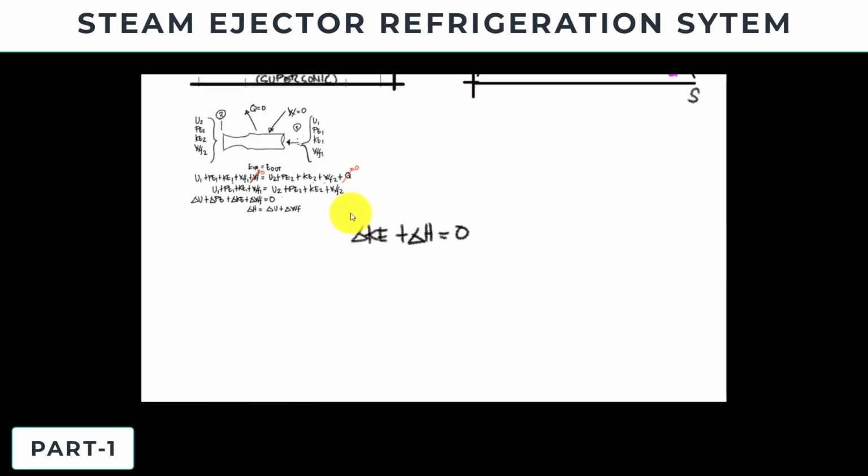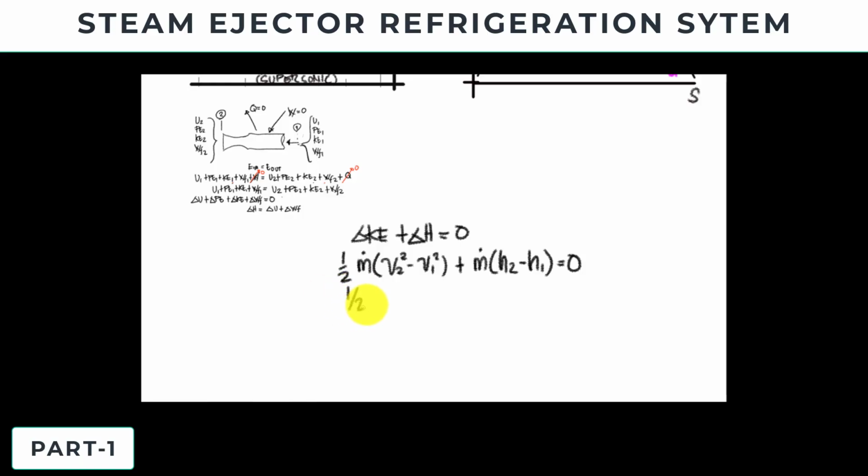I can expand this equation as 1/2 mass flow rate times velocity 2 squared minus velocity 1 squared, plus the mass flow rate times enthalpy 2 minus enthalpy 1, equal to 0.